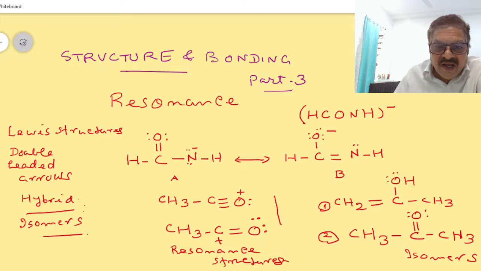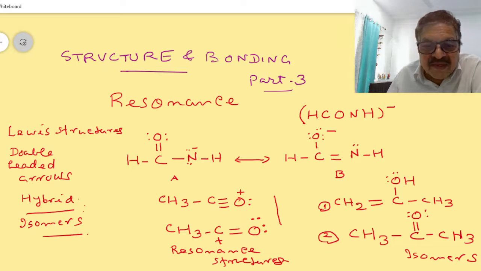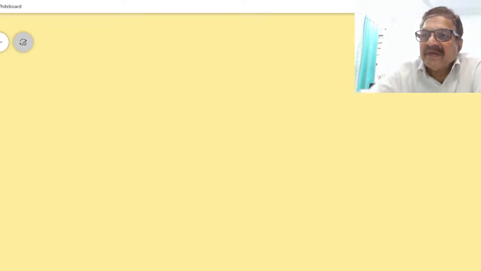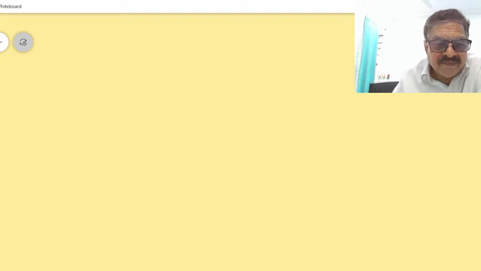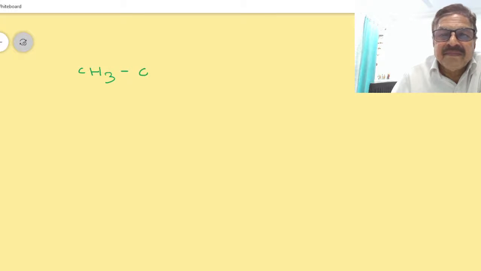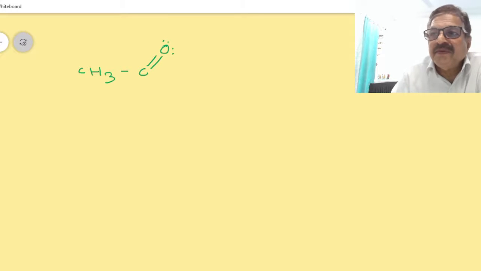Now, another example. If you take this compound here, CH3, oxygen, CO, then this compound here.